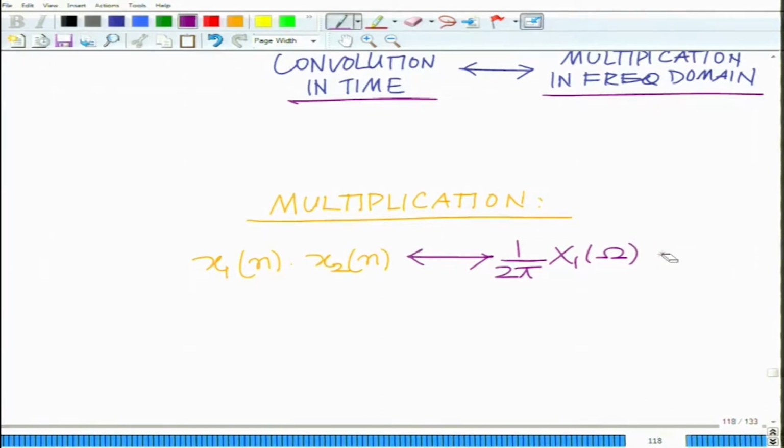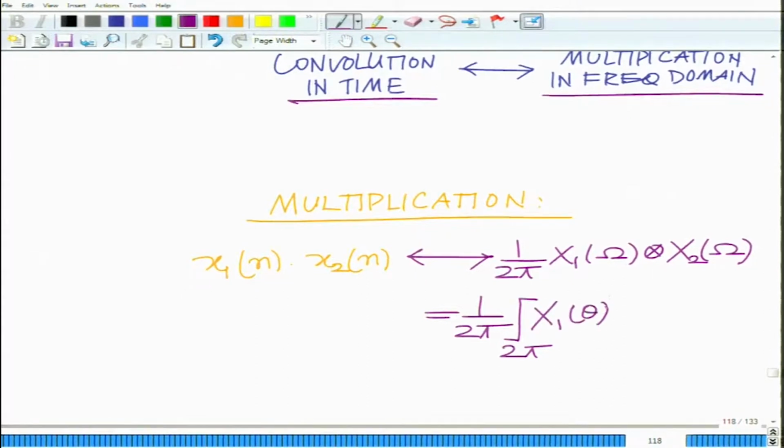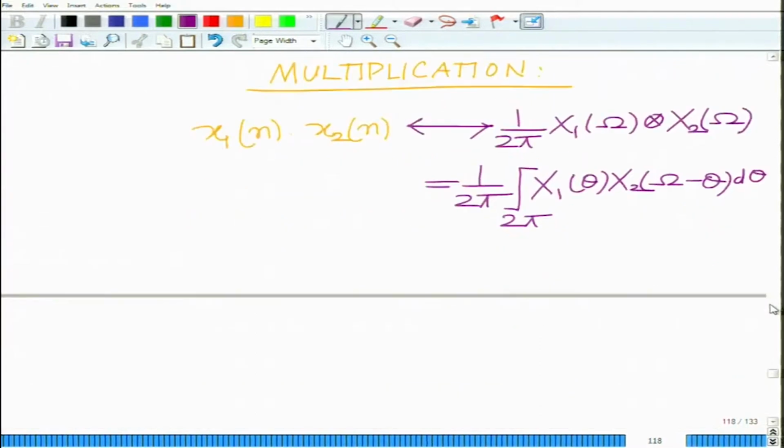So this is basically the periodic convolution of x1(omega) with x2(omega), which is 1 over 2 pi times the integral of x1(theta) x2(omega minus theta) d theta, and this is over any contiguous period of 2 pi. This is a periodic convolution.